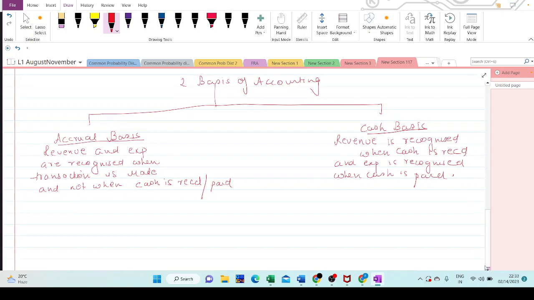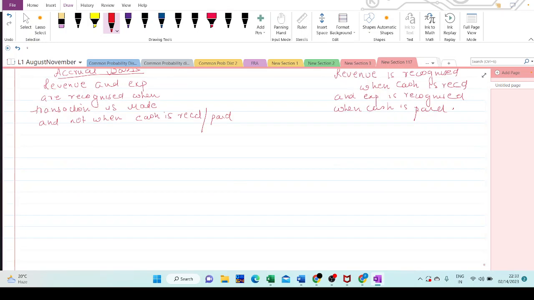Now, guys, we are more interested in the accrual basis of accounting because it gives a more correct and fair picture of the transactions that have been made in a given financial year, right?